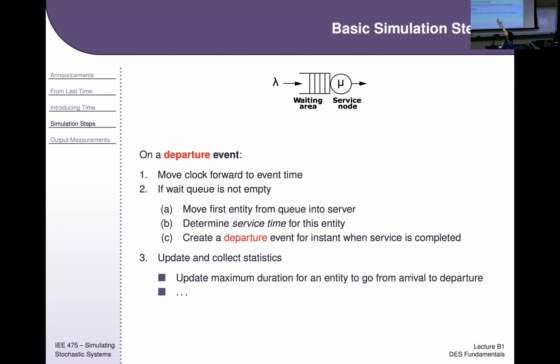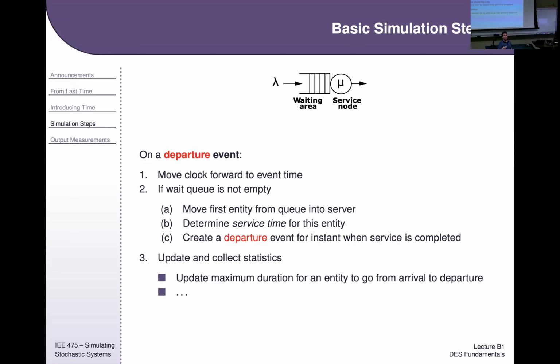So for a single queuing node like this, departures are going to happen. On a departure event, just like in the arrival, we move the clock to that time. And then at that time, we ask, is the wait queue empty or not? If there are entities in the waiting queue behind this entity, we can immediately move them into the server. What does it mean to move them into the server?